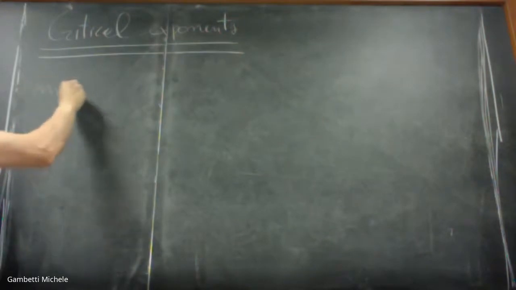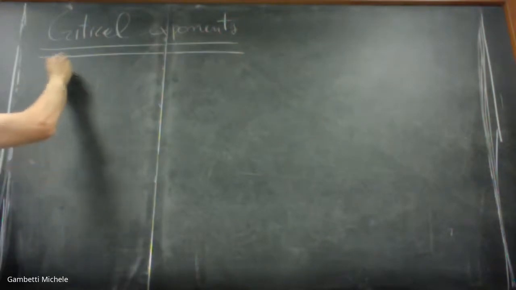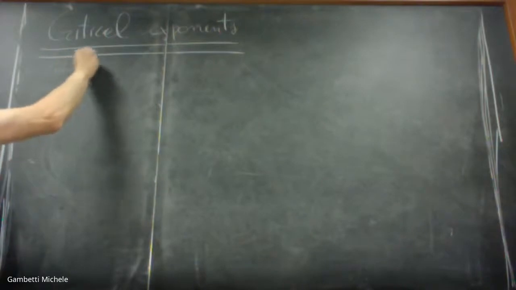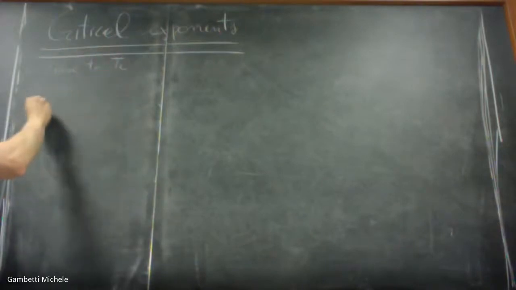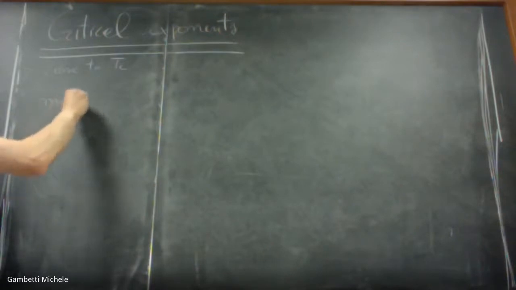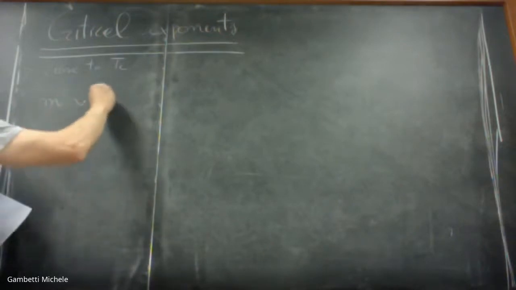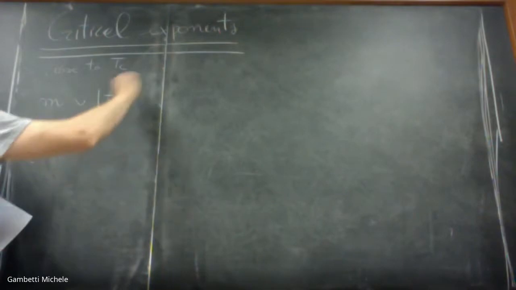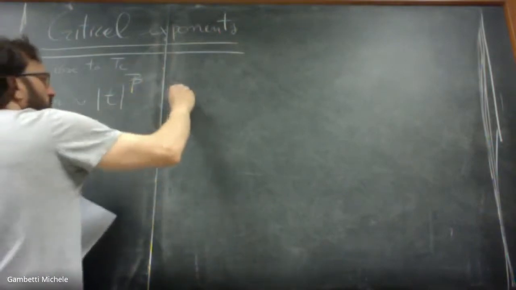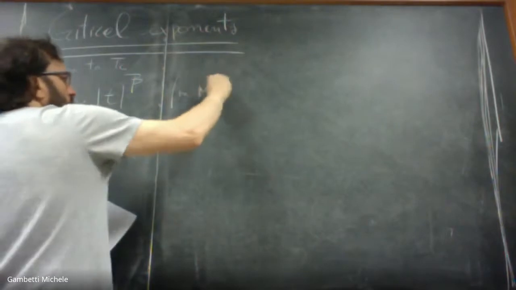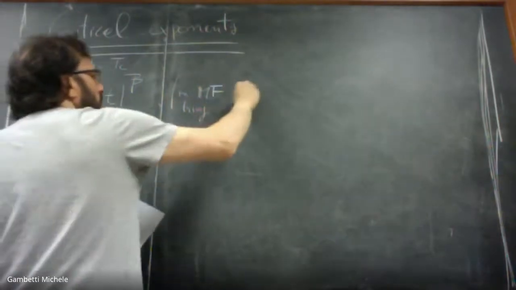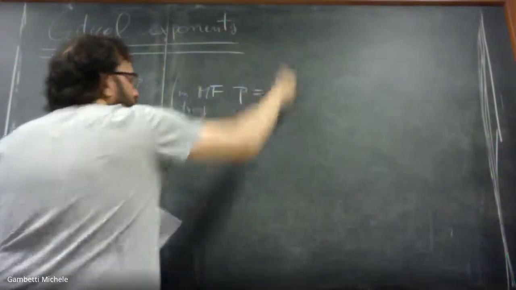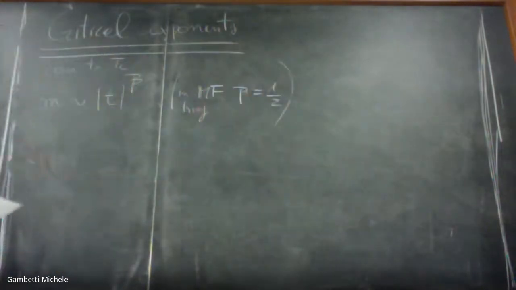M scales close to TC as the modulus of T to the power of beta, where in the mean field approximation or Ising model, beta was 1/2.